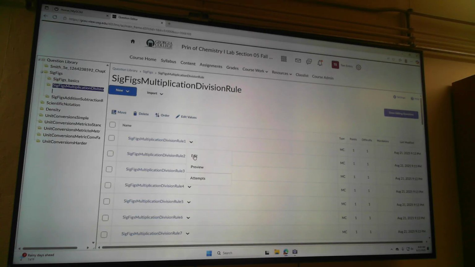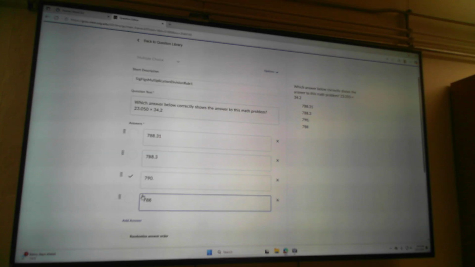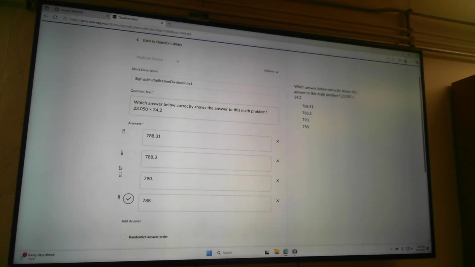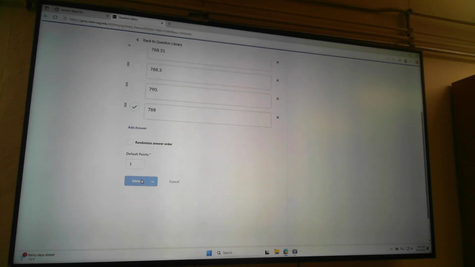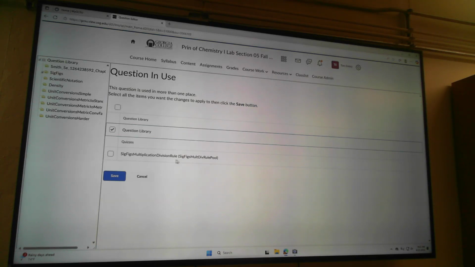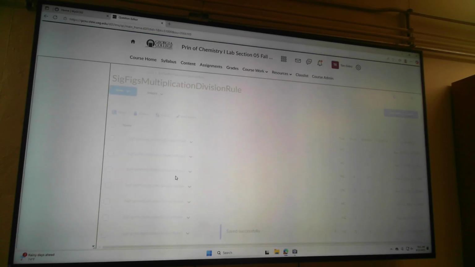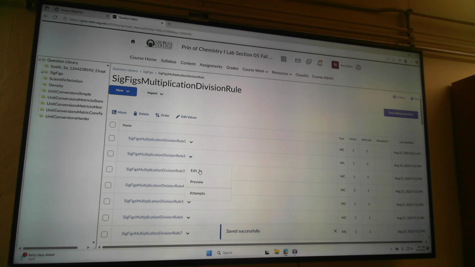Fix it. Right? 5 significant figures, 3 significant figures. Man, I'm disappointed in ChatGPT. I was so happy last night when I made all these. I knew I was going to have to edit them.